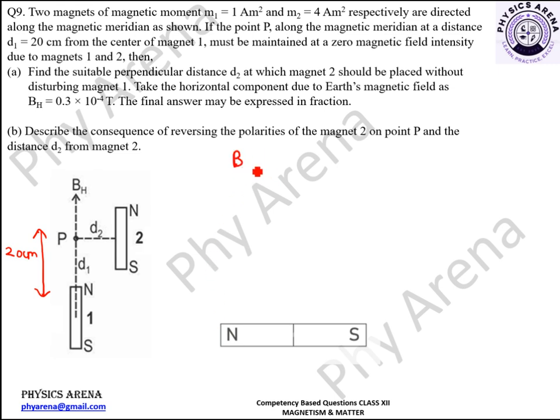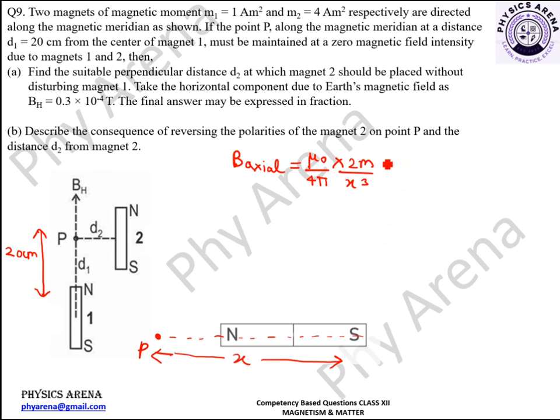The magnetic field at the axial point of a magnetic dipole or a bar magnet. If I take a point P that lies on the axis of this bar magnet, and this point is at a distance x from the center of the bar magnet, then B axial is given by the formula mu naught upon 4 pi multiplied by 2m by x cube, where m is the magnetic moment of this bar magnet and x is the distance of point P from the center of the bar magnet.